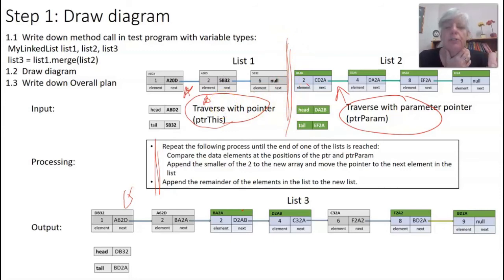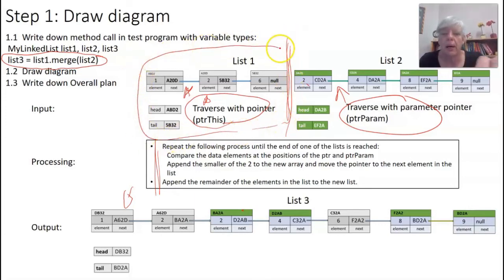The most confusing thing here is this line actually. And that line has very little to do with study unit 4. It has to do with last semester's work and study unit 3. I have an object of the class myLinkList called list1.